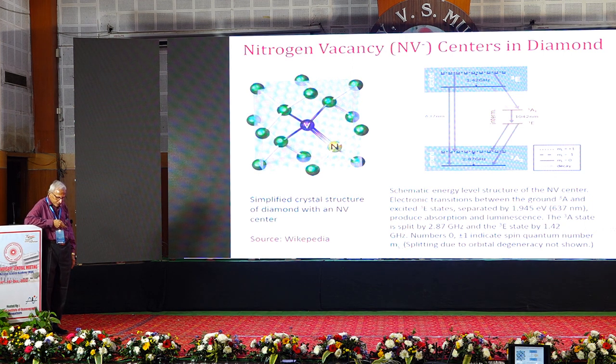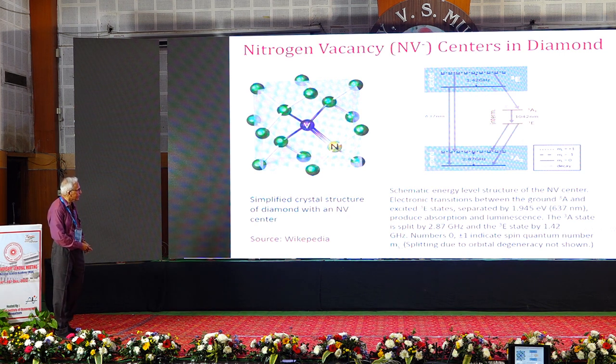Okay, and the ground state of that NV minus center, the lowest lying set of states, is spin 1. There are 2 electrons there, and so it's spin 1, and they're split in the way that I've shown. There's one state which is below, and then the other 2 have different values of the mz quantum number, the z component of the spin.